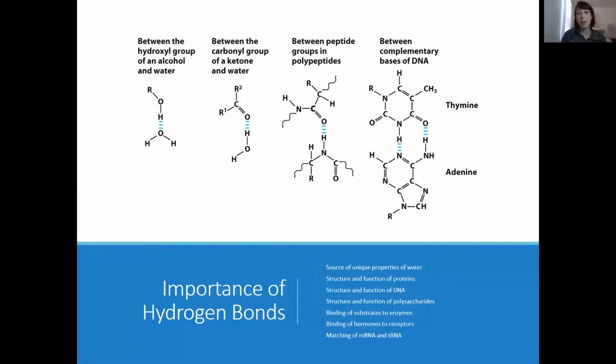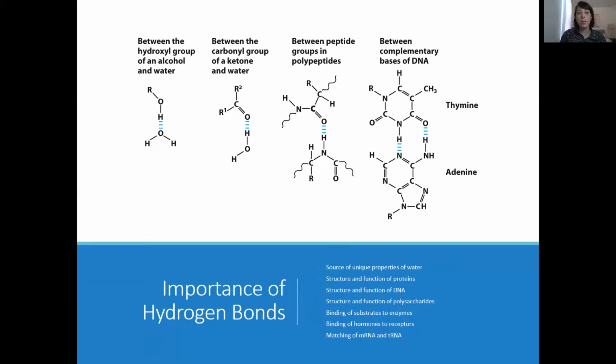Hydrogen bonds are very important in biochemistry, which is why we're focusing on this particular non-covalent bond. Hydrogen bonds can, for example, occur between proteins, in amino acids. Here's an example where you see a hydroxyl group of an alcohol hydrogen bonding with water. So alcohols and water.